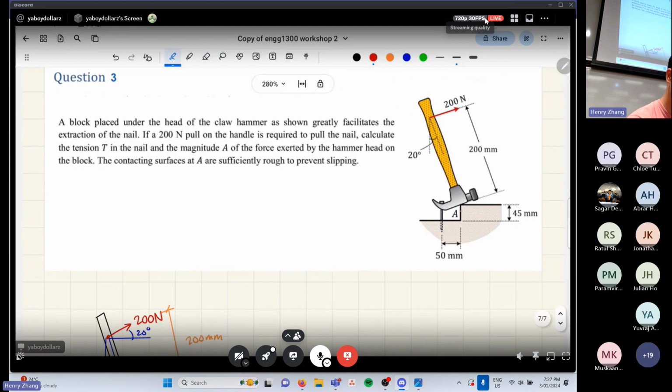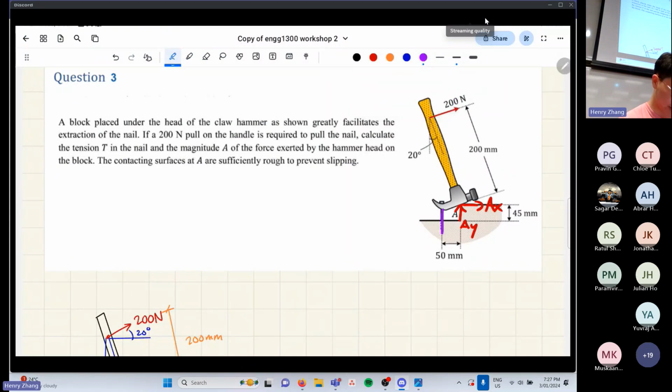They essentially consider this a pin support for the hammer because it's free to rotate. But its normal and tangential reactions, or the x and y, as we saw here, are resisted by the ground. And additionally, they call the tension in the nail T.